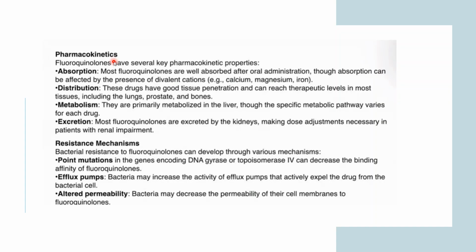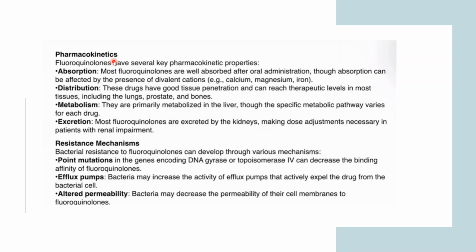Tissue penetration means they have good permeability, so they can easily penetrate into your tissues and organs. Third is metabolism, which is how your drug is metabolized in your system.